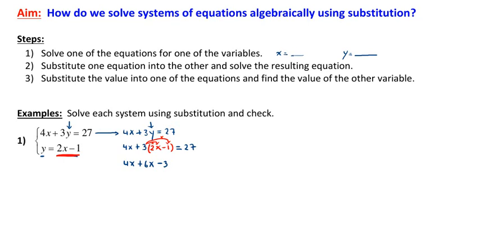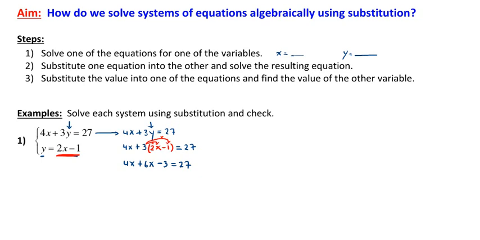equal to 27. Now we know how to solve these type of equations. We learned that last semester, and the way to do it is just to separate variables on one side and put the numbers on the other side. So we can remove this from here and put it to the other side. Always it goes with the inverse operation, because that is equivalent to adding 3 on both sides.